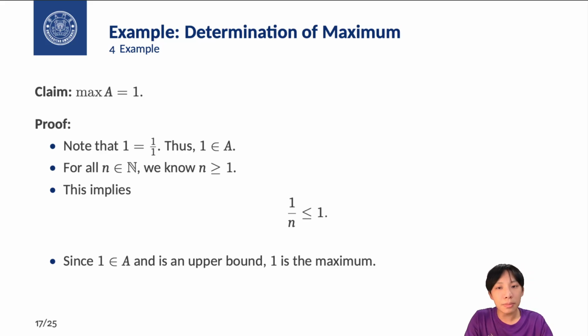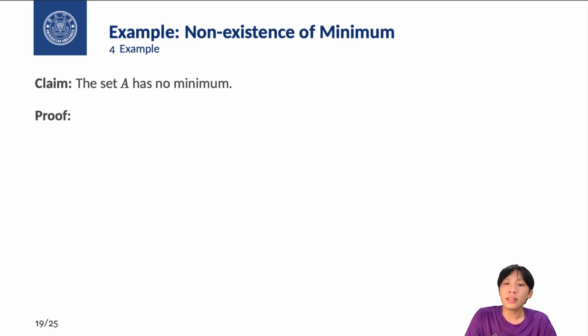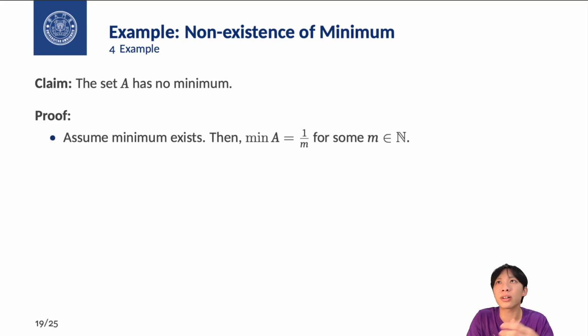Since the maximum is 1, by theorem 1 we proved just now, we know immediately that the supremum is also 1. Now, we want to show that the minimum does not exist. To do this, we assume that there exists a minimum and try to find a contradiction. If a minimum exists, it can be expressed as 1 over n for some positive integer n, since the minimum is an element of the set.